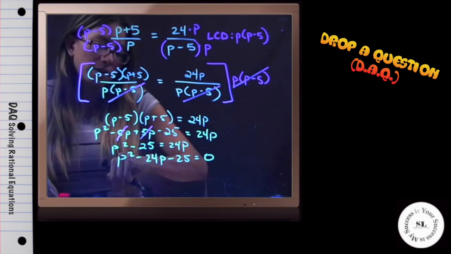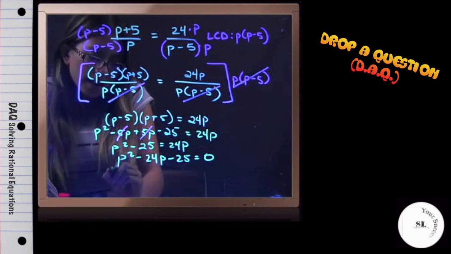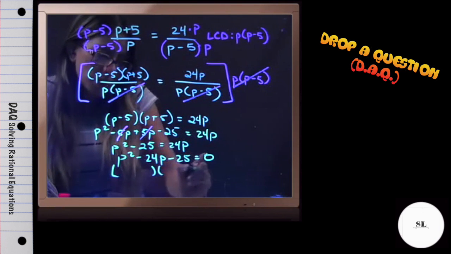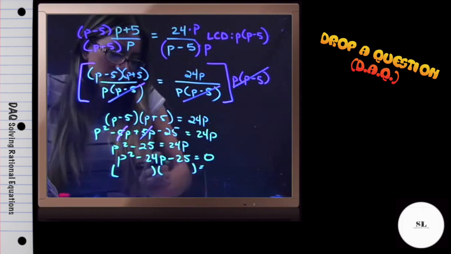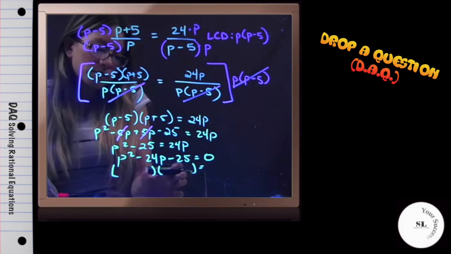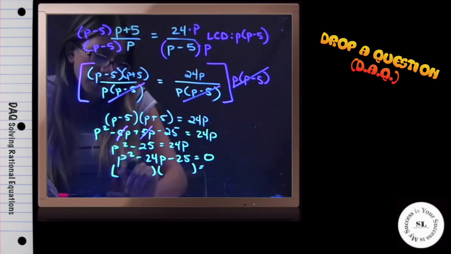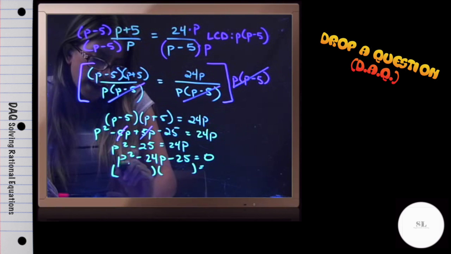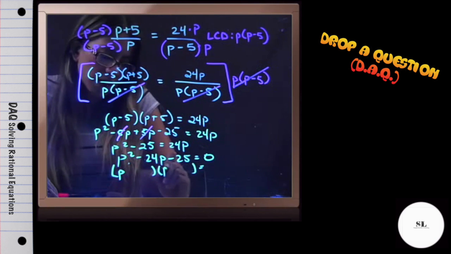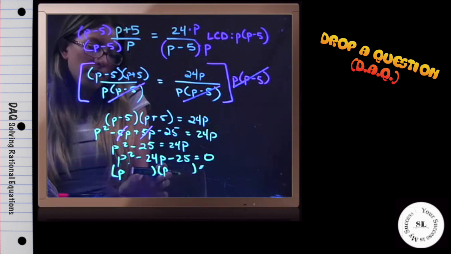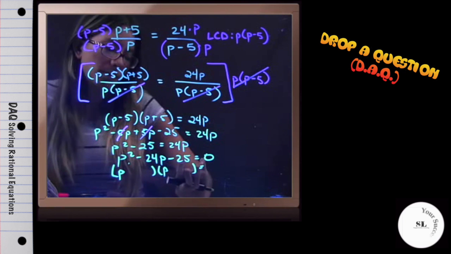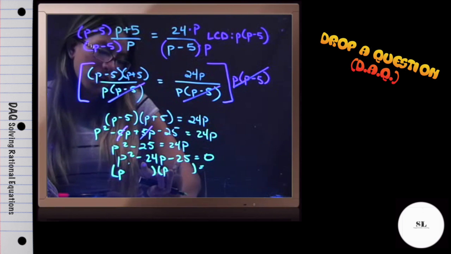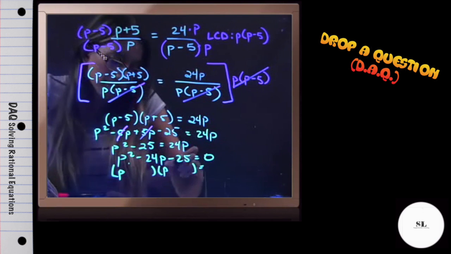Remember, the highest power is 2 in a quadratic. And by doing this, we can find two groups that multiply to get this trinomial. Our beginning, because it has to equal P squared as the first term, will be P and P here. Now looking for two numbers that multiply to negative 25 and add up to negative 24 will be negative 25 and 1.